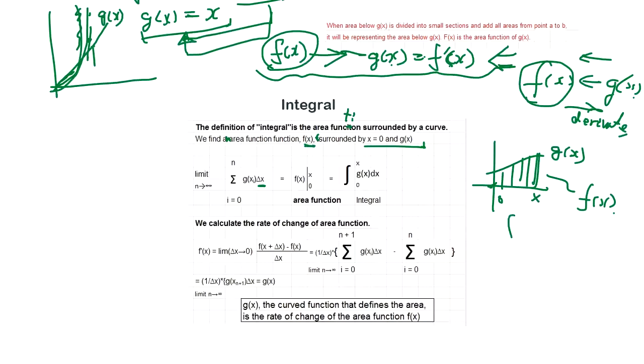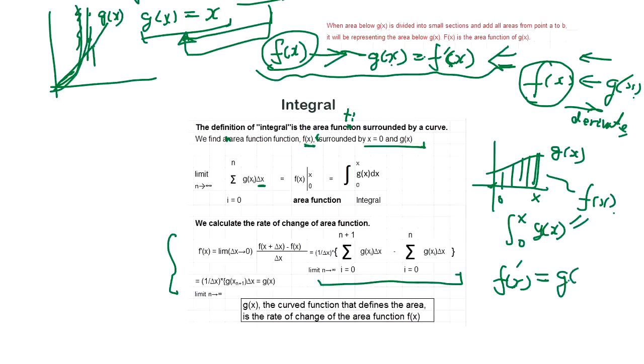So that means the integral from 0 to x of g(x) is f(x). So if we take the derivative of f(x), then it shows it's the same process. It becomes g(x).